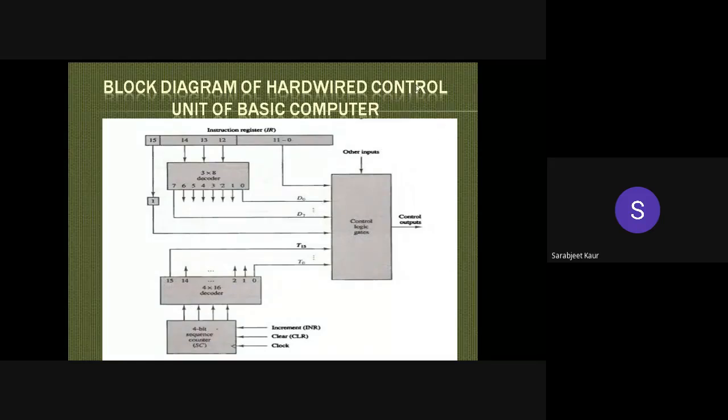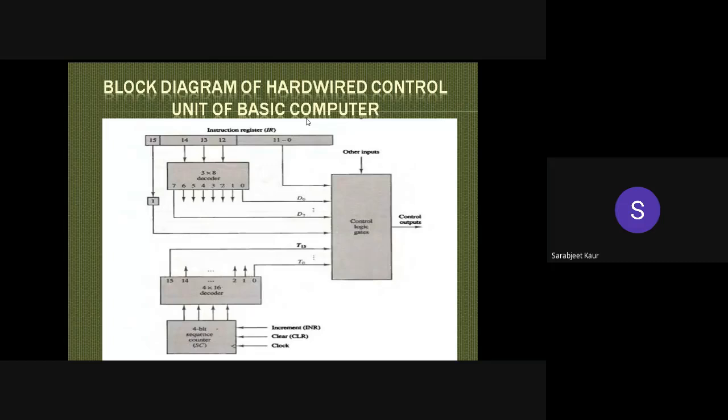control unit. The diagram that you see on your screen is the block diagram of the hardwired control unit of the basic computer that we are studying in this book. So what is the basic computer? This computer with memory of 4096 cross 16 and 8 registers.